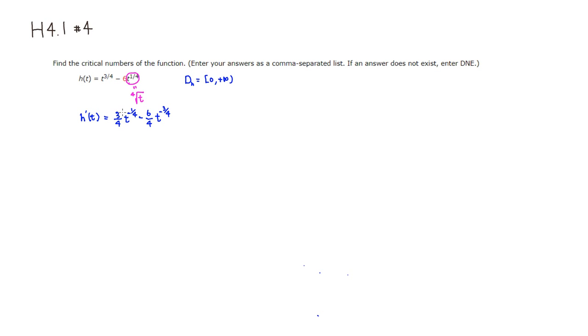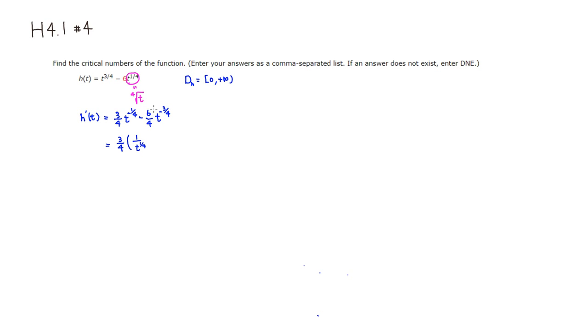And then let's see what's in common. You can see that 3/4, let's pull that out. Then I'm going to write this as 1 over t to the 1/4.